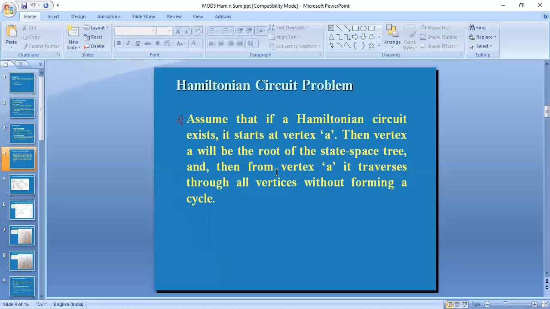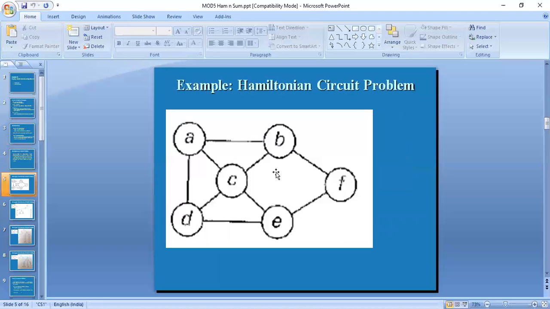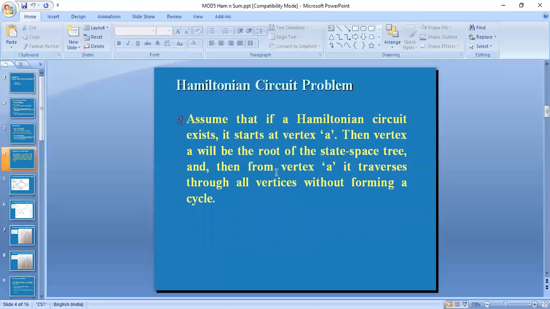We have seen in the introduction that there are different types of graphs. The graphs can be a directed graph, undirected graph, weighted graph, non-weighted graph, etc. So here you are given a problem which is an undirected graph and also a non-weighted graph. Why? Because while we consider the Hamiltonian circuit, we just discard the edge cost.